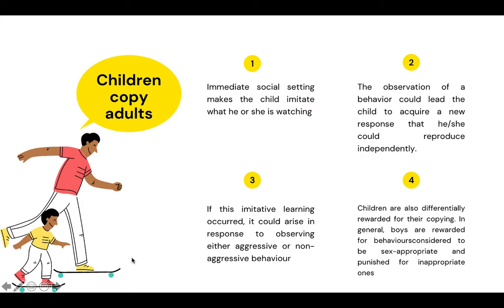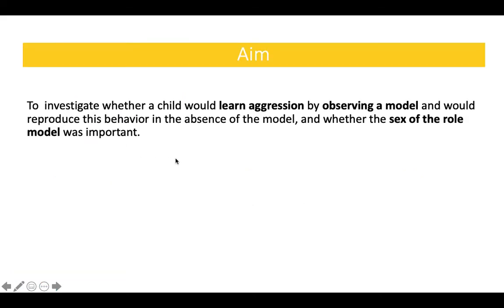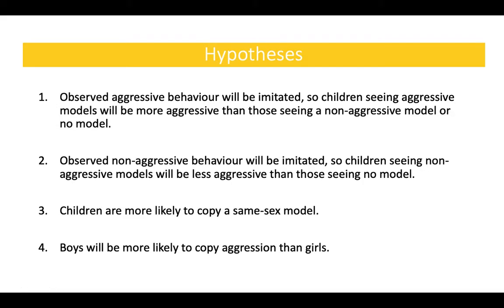That's what a boy should do. So if he copies it, he will get rewarded. But if he copies the behavior of the mom, who is seen to be feminine, he is more likely to be punished for it. So are we going to see the role of the gender of the model in learning this aggression?